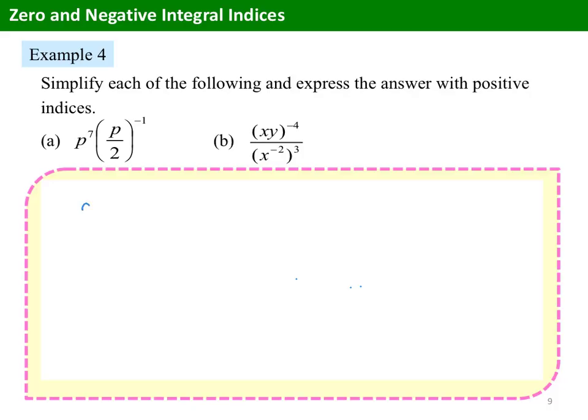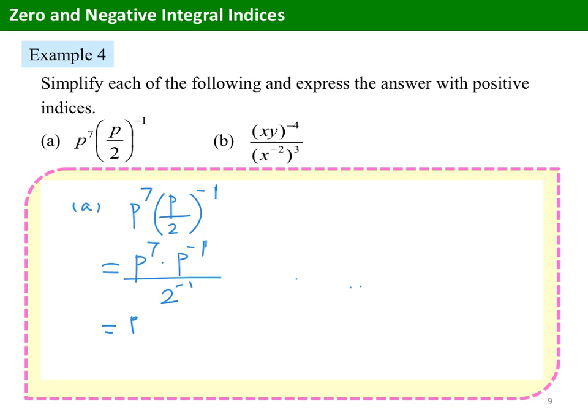For example 4, p to power 7 bracket p over 2 to power negative 1. We remove the bracket, become p to power 7 times p to power negative 1 over 2 to power negative 1.